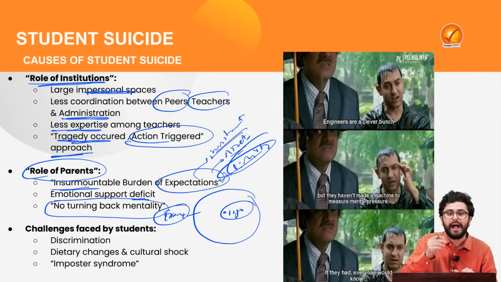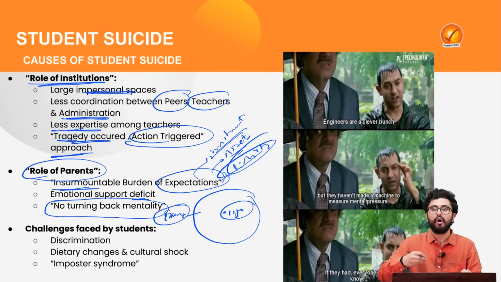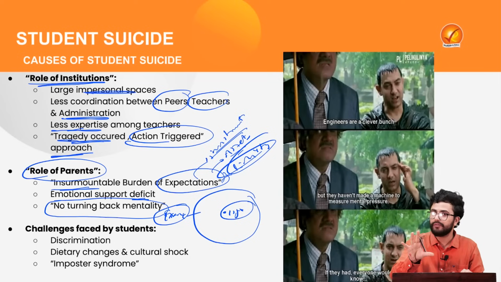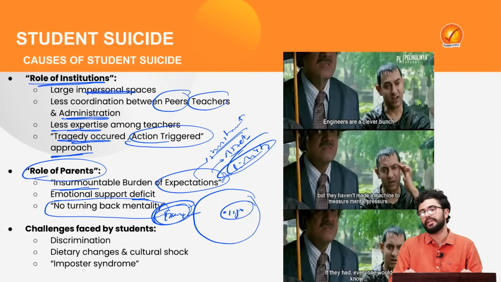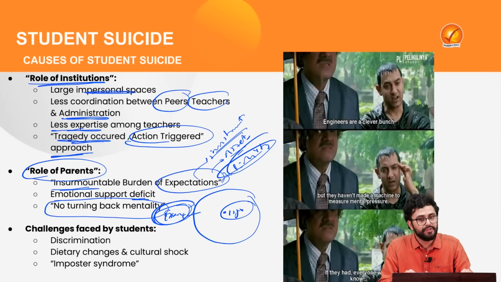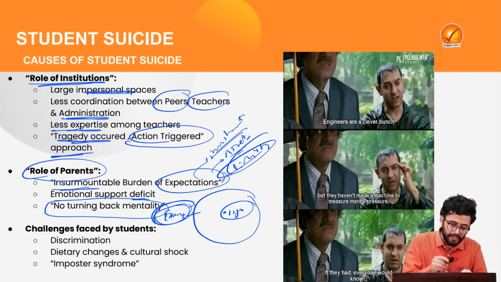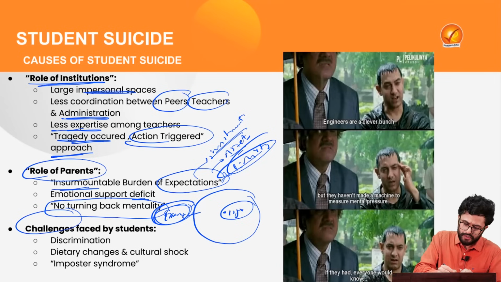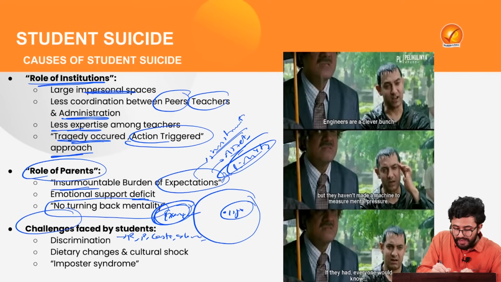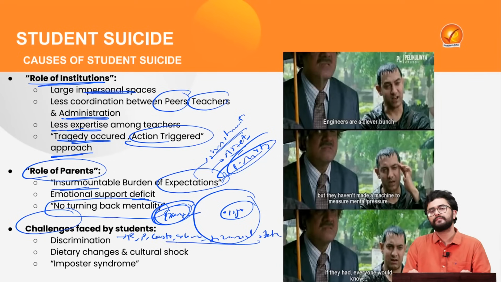Thus, the whole idea of their happiness and their self-worth starts getting dependent on clearing this examination, in the process of which these students face a lot of challenges, such as discrimination on the basis of religion, race, caste, color, and many times their financial status as well.